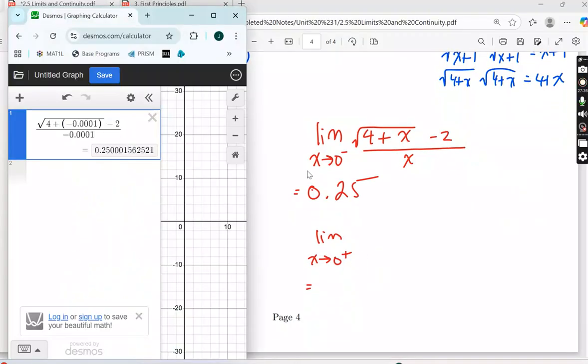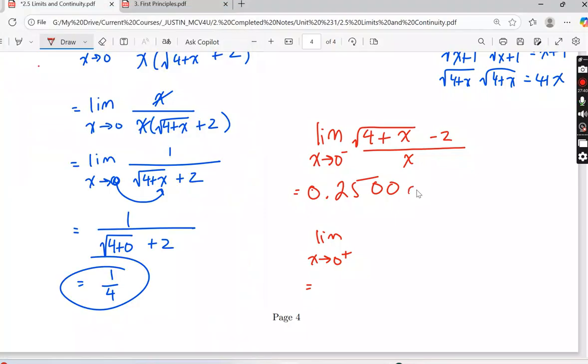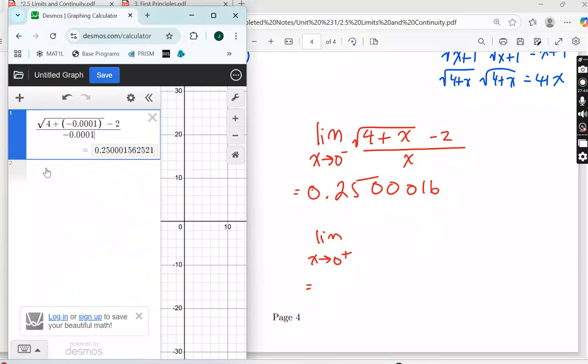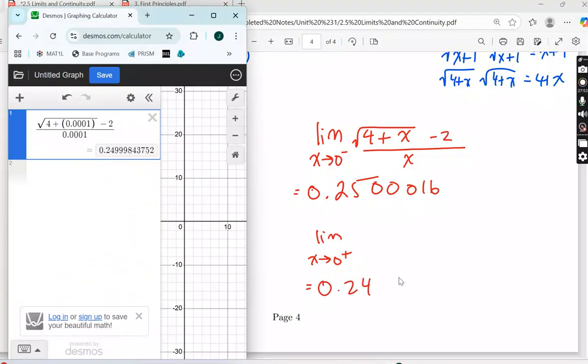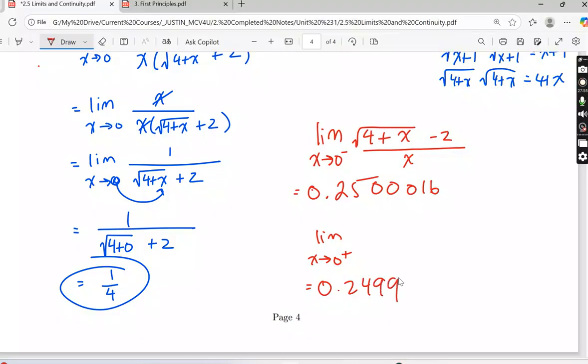Oh, look at that, 0.25, let's say. And then from the right is just going to be the positive to the right of 0. I get 0.2499, which is, in both cases, it's the same as 1 over 4, 0.25.